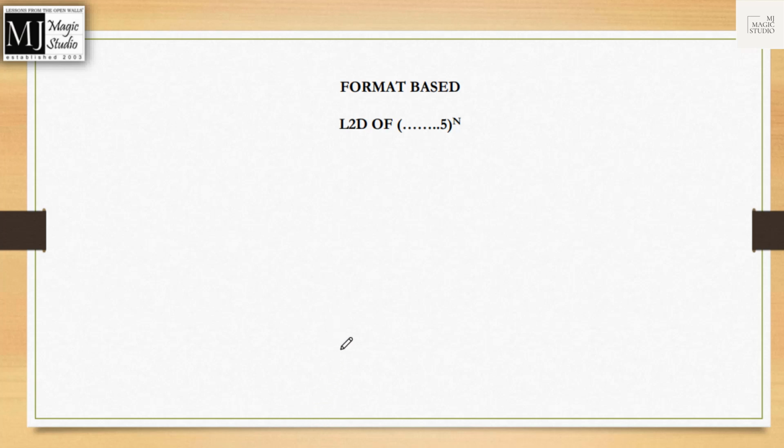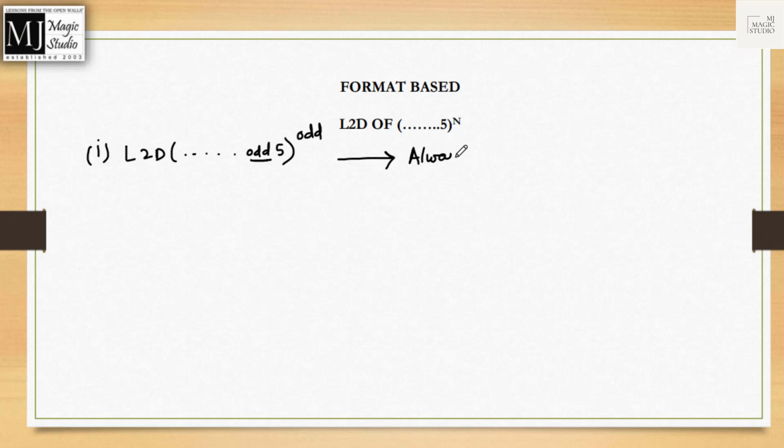Now the next one is any number ending with 5 raised to the power n. We want to find the last two digits of that. Here we need to remember two things. Number one, for any number where the second last digit is odd and the last digit is 5, raised to an odd power, the last two digits are always 75. Just keep this in mind.